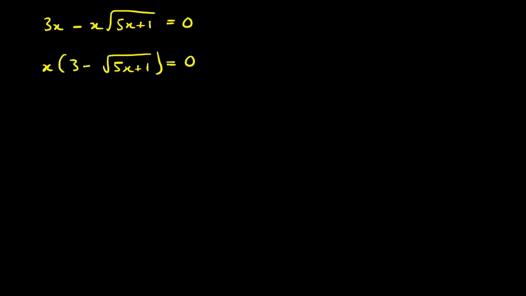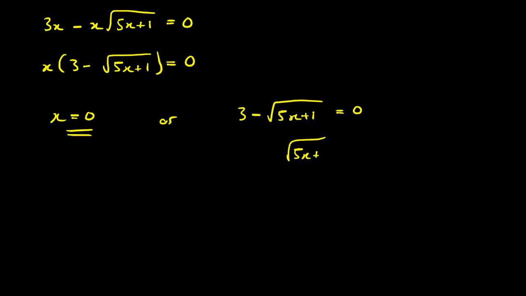I've either got x is equal to 0, or I've got 3 minus the square root of 5x plus 1 is equal to 0. So that's square root 5x plus 1 is equal to 3. So 5x plus 1 is going to be equal to 9 because I square both sides. The 5x is equal to 8, so x is equal to 8 upon 5, which is the same thing as 1.6. Okay, so that should be our solution for the second part.